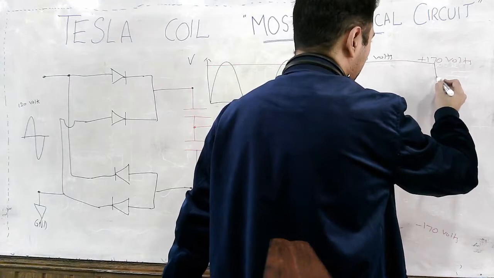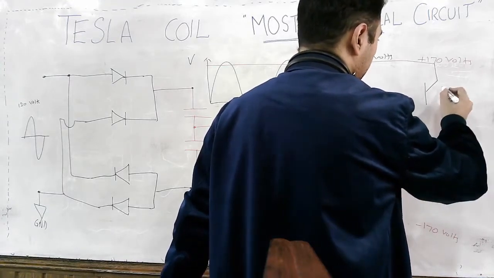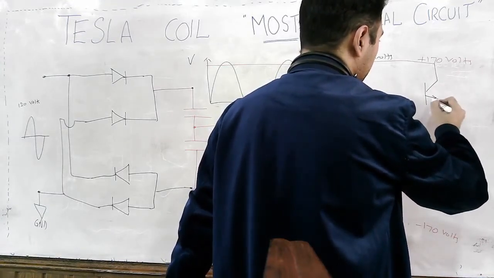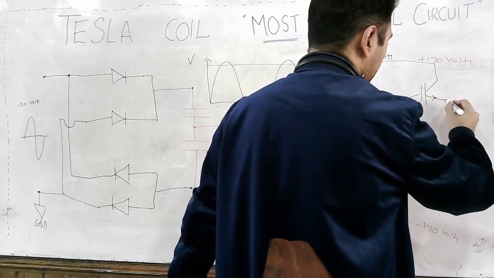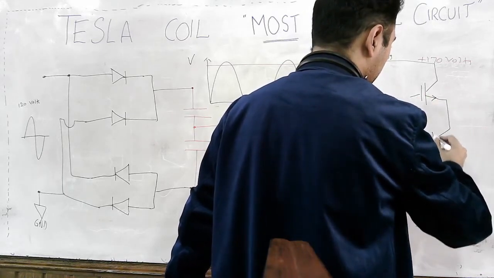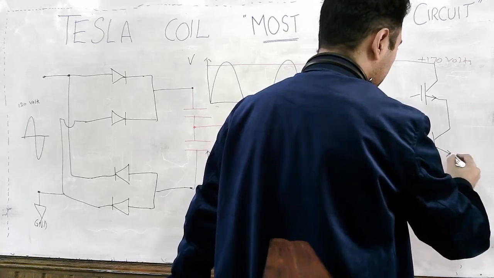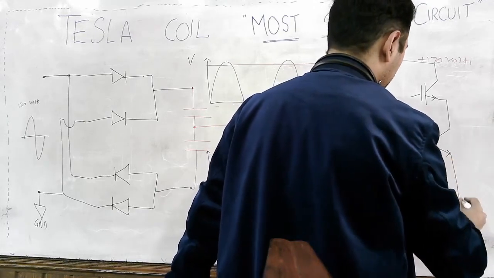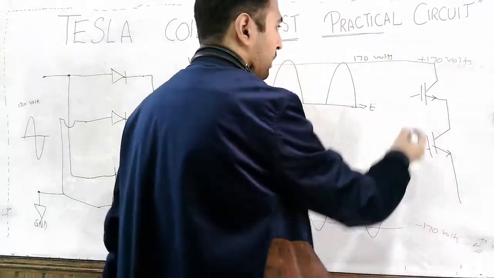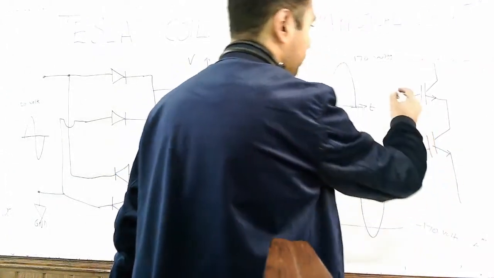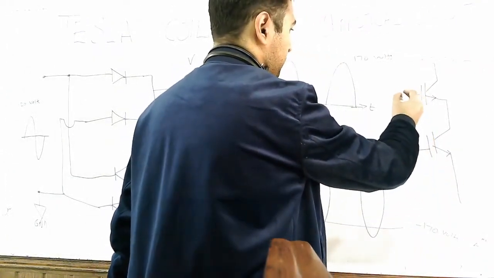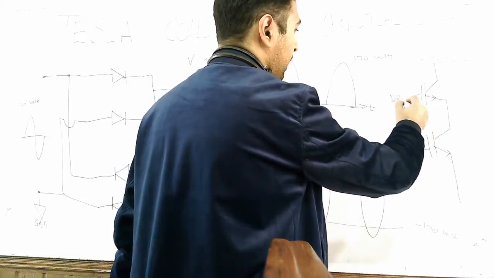And then, as I told you, here you had the IGBTs, as you remember, we had the IGBTs, and then here you had the driver circuit, as we just discussed.